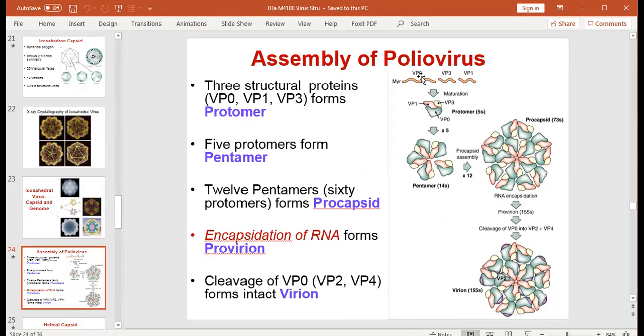Poliovirus has three structural proteins. These are called viral protein 0, VP1, and VP3.